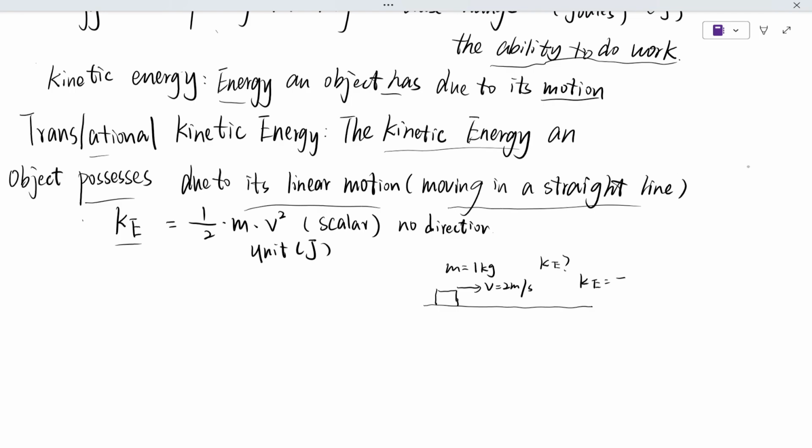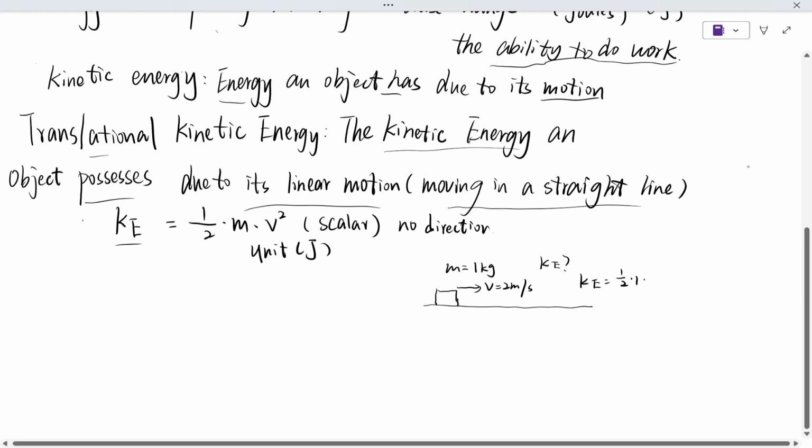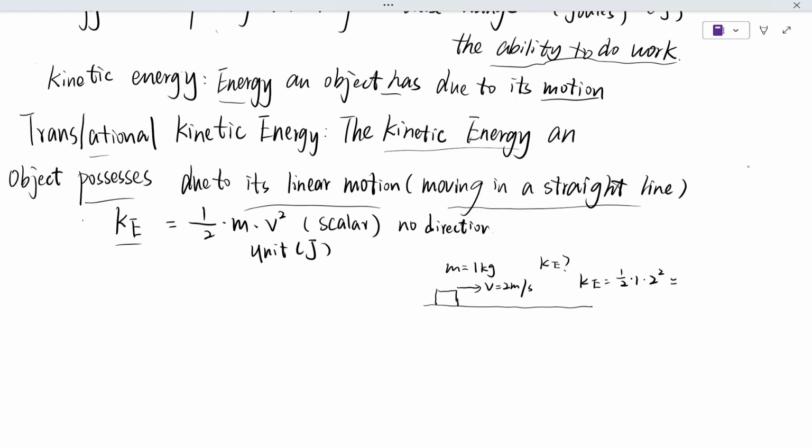KE is equal to 1/2 times m. What is the mass of this block? It is 1, right? And times velocity squared. What is the velocity of this block? It is 2. Let's plug it in, which is 1/2 times 1 times 2 squared. We can get 2. Don't forget your units. 2 joules. So this is its kinetic energy.